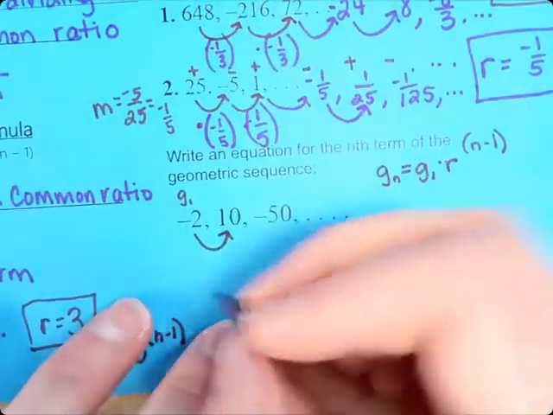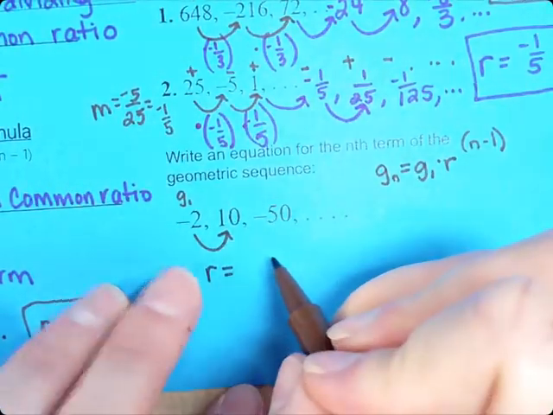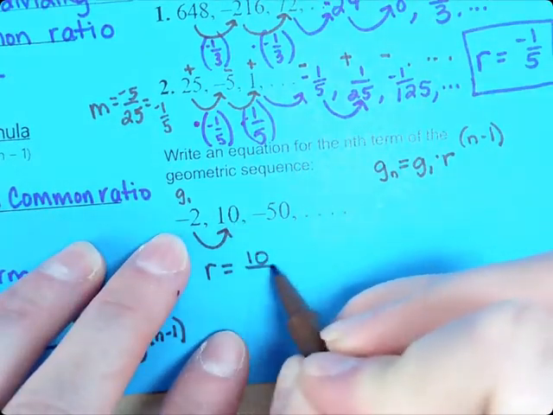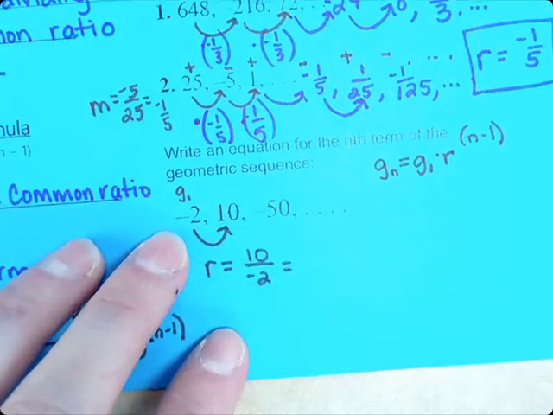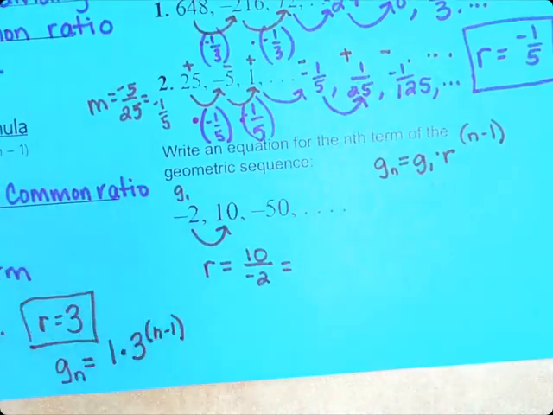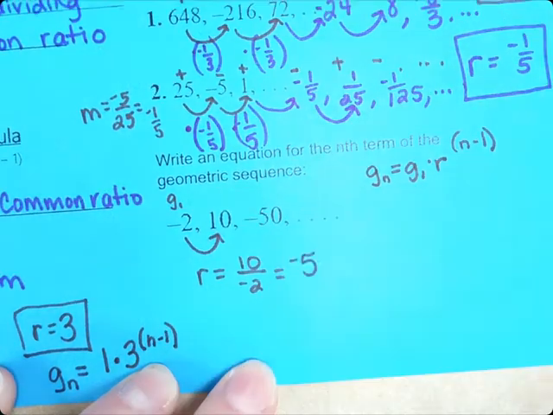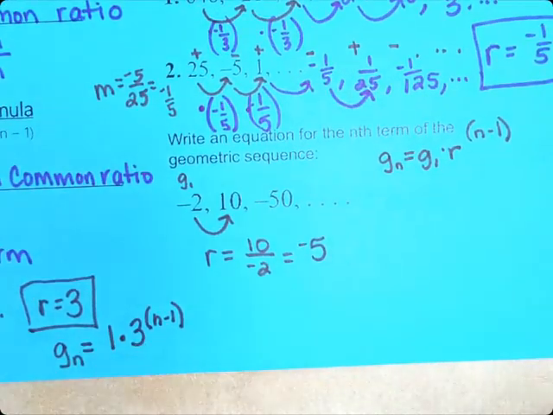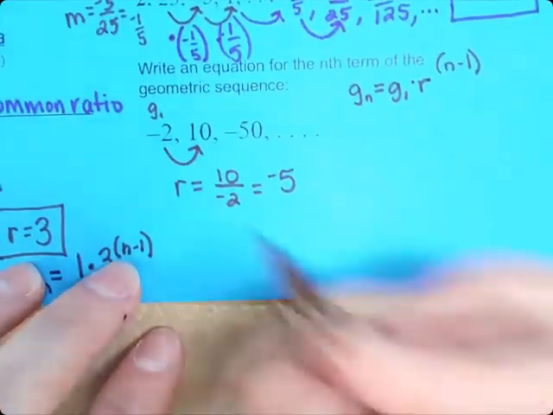So we want to do r equals 10 divided by negative 2, which is negative 5. So then we just want to make sure that of the numbers that we have, it follows that same sequence.